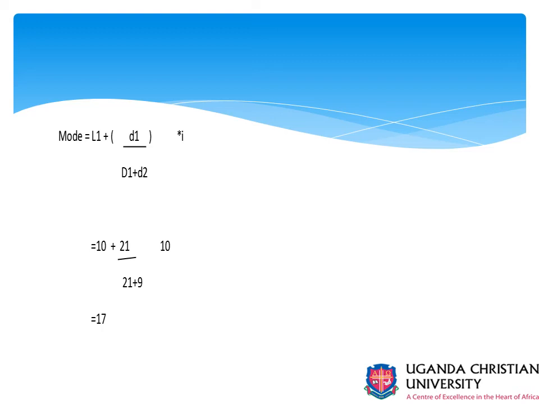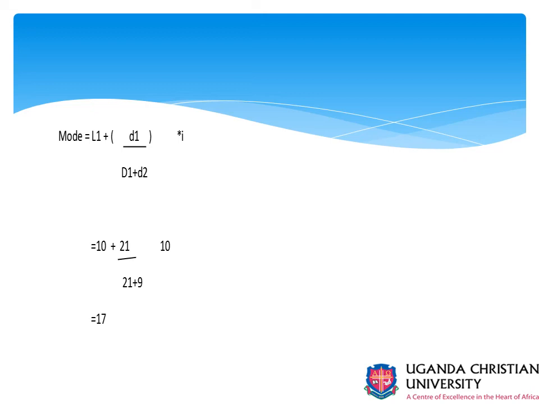D1 is the difference between the frequency of the modal class and the frequency before the modal class. D2 is the difference between the frequency of the modal class and the frequency after the modal class. And I is the class size.